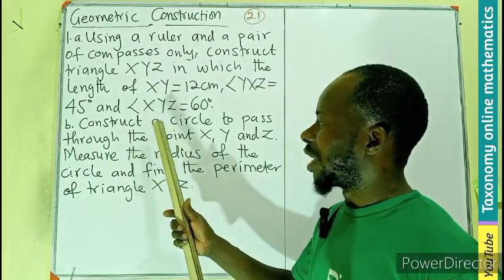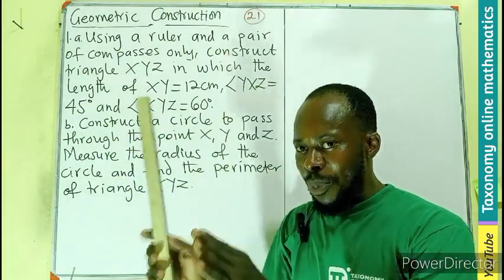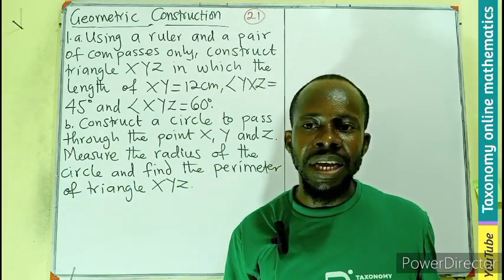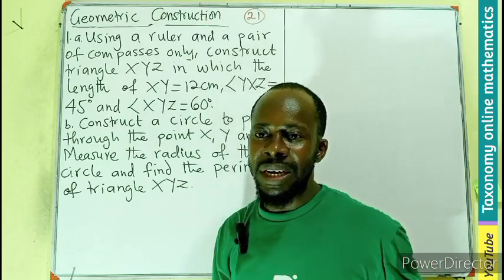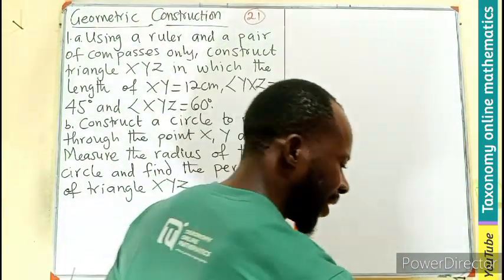Don't forget how to construct a circle to circumscribe. Those properties have been done in the previous episode, so you can check them out in our previous episode in the playlist. So now let's see how we can do this.